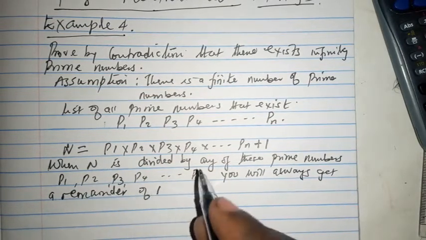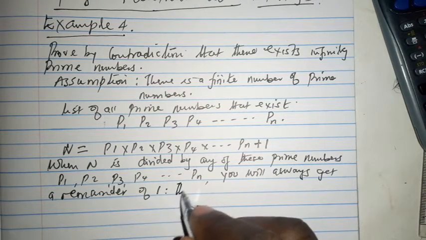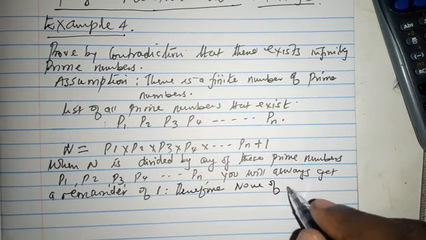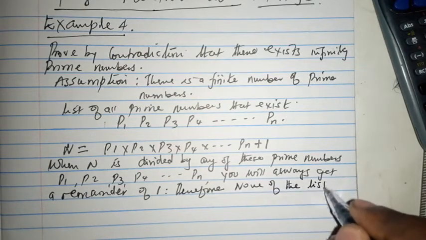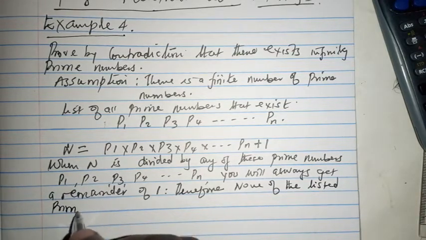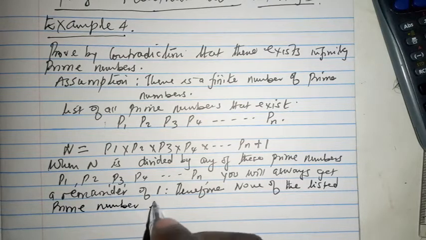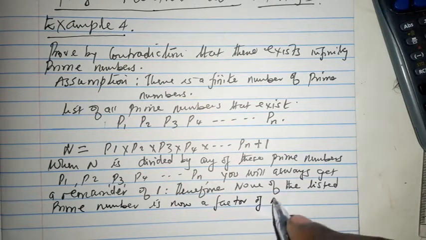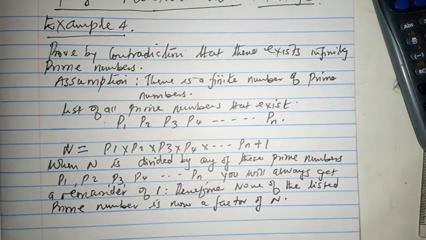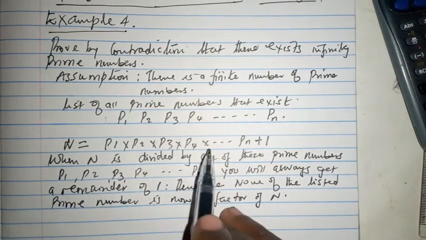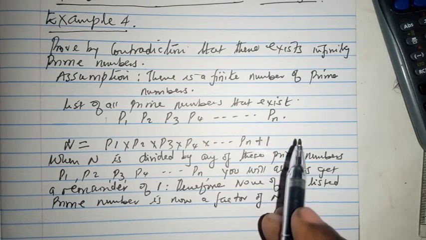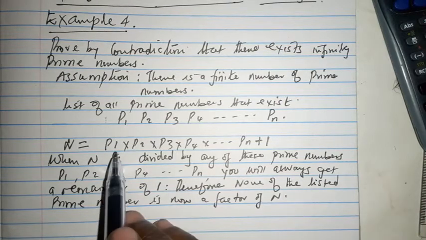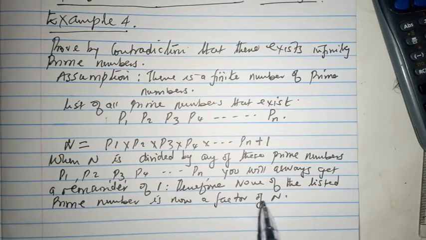We will always have a remainder of 1, and therefore none of the listed prime numbers is a factor of N. If you keep dividing N by any of these prime numbers, we will continue to get remainder 1.